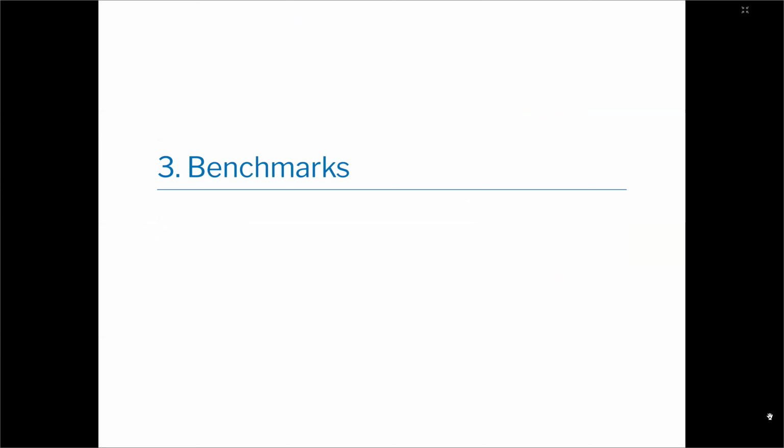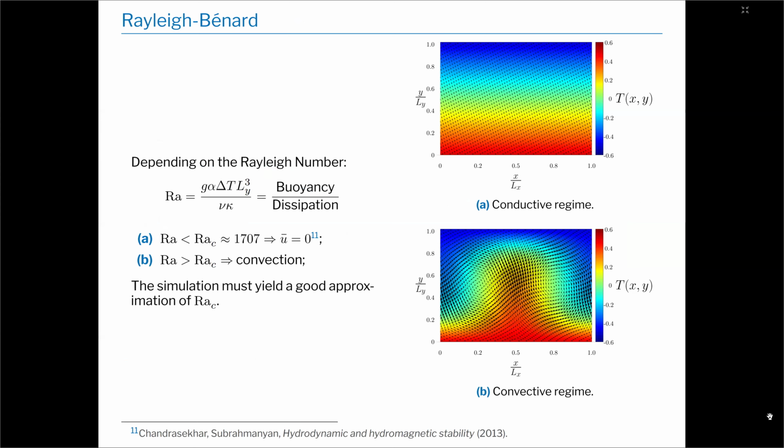Okay, let's move on to the benchmarks really fast. The first benchmark that we did was only temperature and fluid dynamics without the melting, and so we chose the Rayleigh-Benard system. We know that depending on the Rayleigh number, that is the ratio of buoyancy to dissipation, this has a transition between a conductive and convective regime.